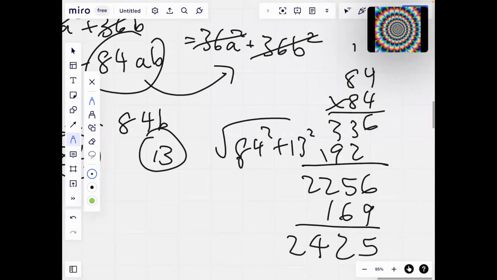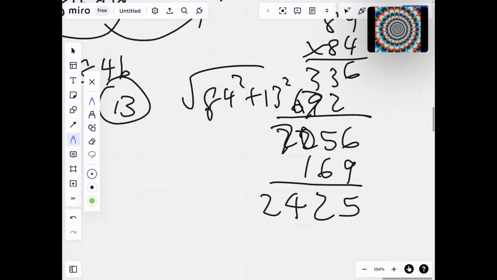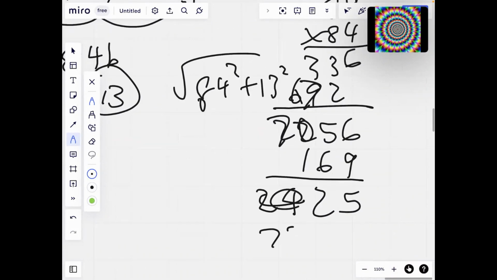Something's wrong. Wait, what am I doing? This is 84 squared, so this is 7056 plus 169. This is okay. This makes more sense. So 7225.